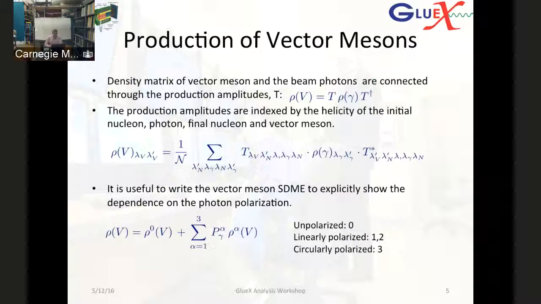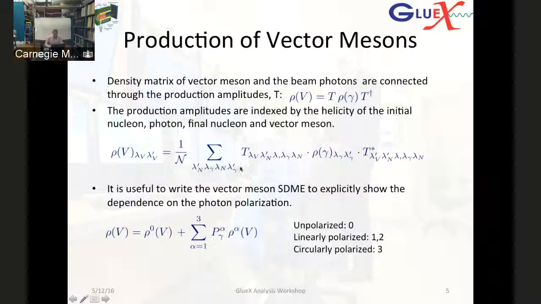And if you have these amplitudes, so these can come from some theory. So this is how our theorist friends would connect in with the density matrix. Our photon beam is here, their amplitude describing production is here, and that gives a prediction for the spin density matrix elements. And so they characterize these.